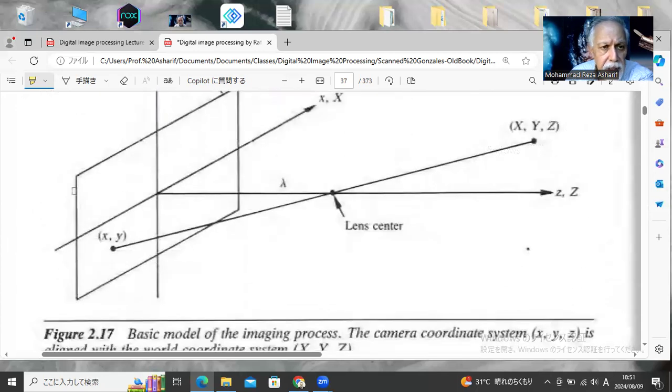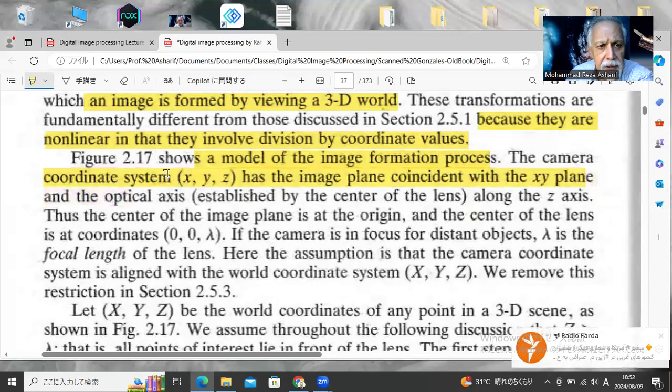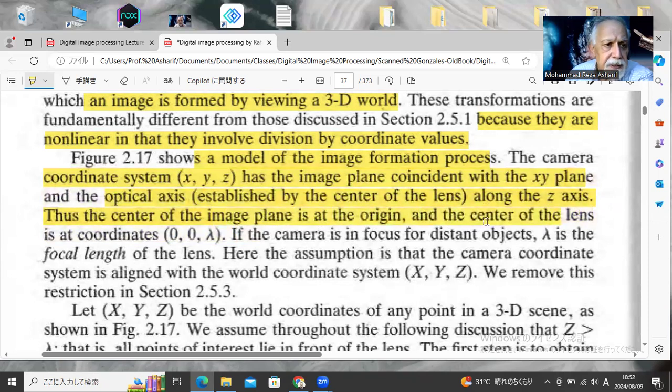So this is the image plane XY, but the camera is the same, but in different cases I will discuss later. And the optical axis is important: the optical axis is along the Z axis.